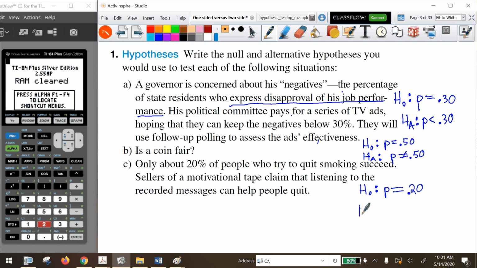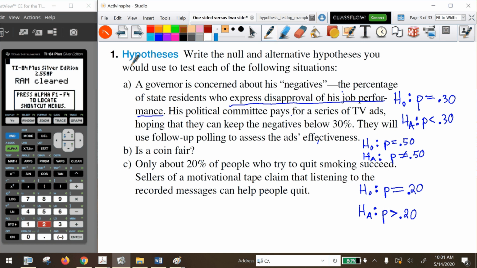Now, with the use of this motivational tape, the sellers hope to improve the rate of people that can quit. So they're hoping that it is going to be higher than 20%. So their alternative hypothesis is that the proportion of people that can quit is greater than 20%.